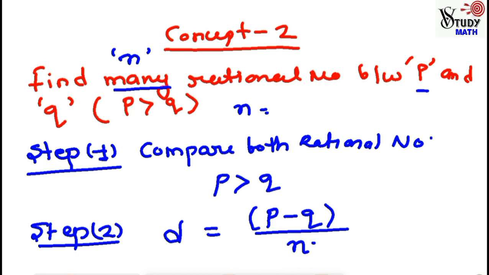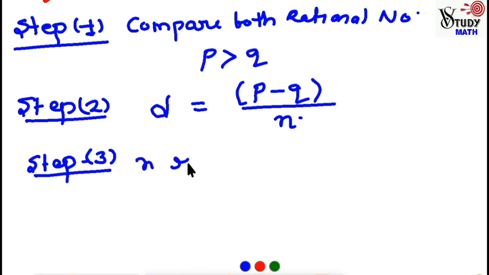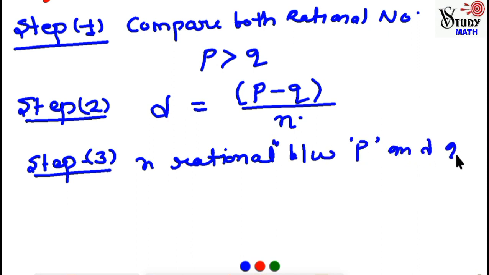Now comes to step number 3. n rational numbers between P and Q. So the first rational number will be the smaller number and we are going to add D to it.